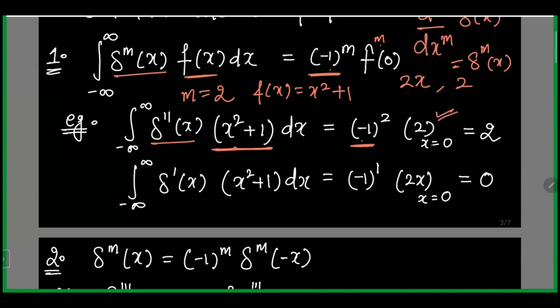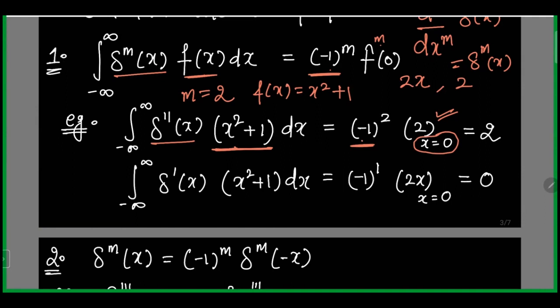Then I will put the value x = 0 in this function. If you put x = 0 in 2, you still get 2, because there is no x in the function. 2 is 2 for all values of x. So what is your final answer?